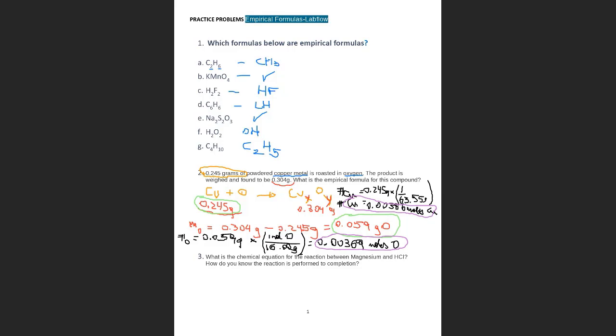What is the next step? See that both numbers are very close to each other. And we have to pick which number is smaller. And we divide by the smallest number. Very good. So now we divide both by that.